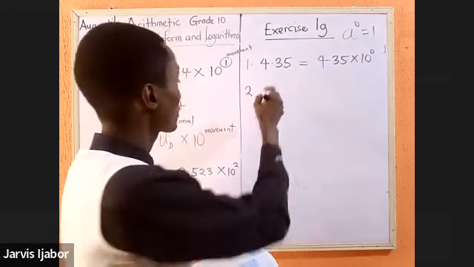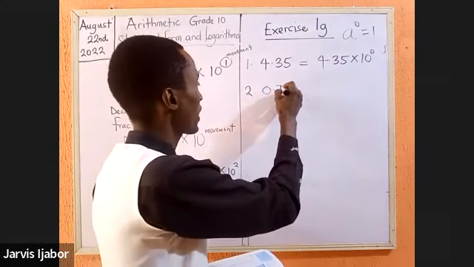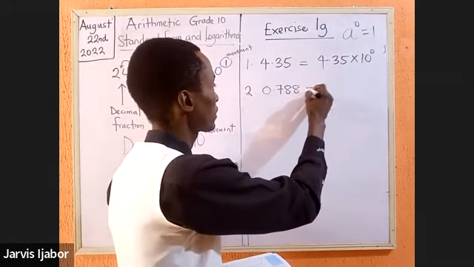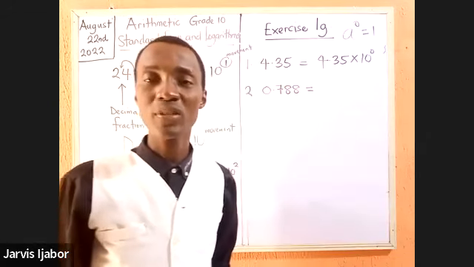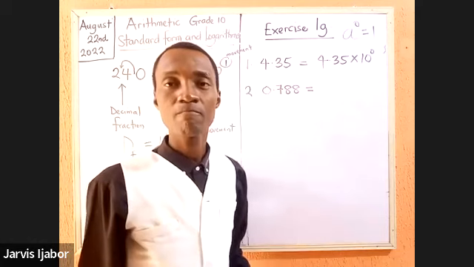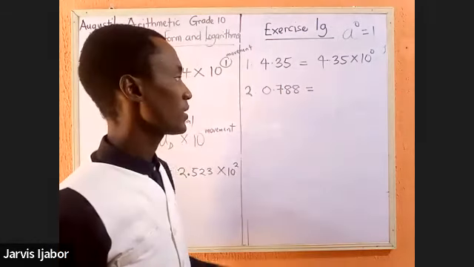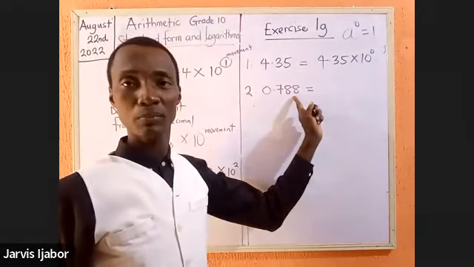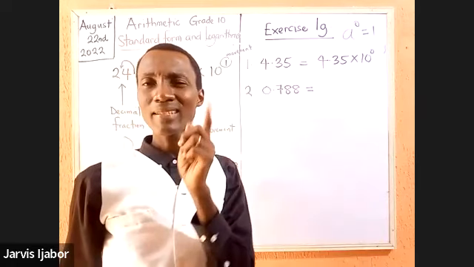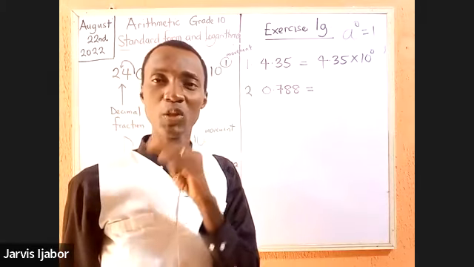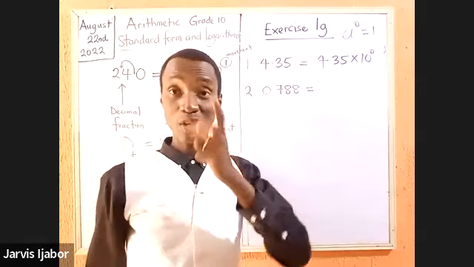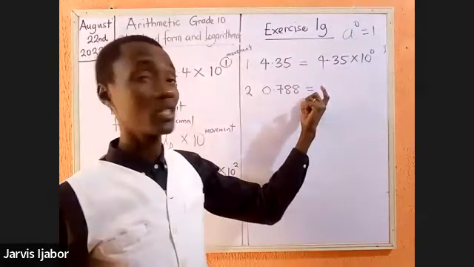Now, number 2 says 0.788. What would it be equal to? If you look at this, this is a small number. A number that is less than 1 is small. A number that is greater than 1 is big. Just to keep a perspective for this matter of standard form.